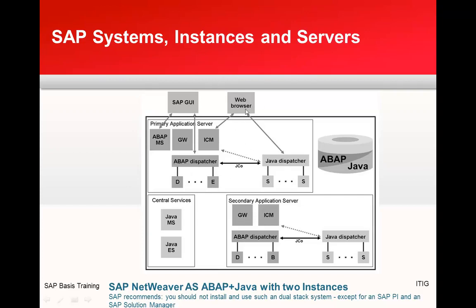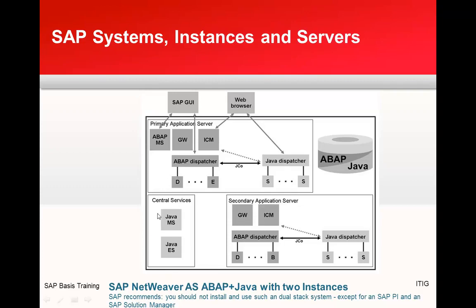On the Java side, using the web browser, you connect to the Java dispatcher, which in turn distributes it to the server processes. Between the ABAP dispatcher and the Java dispatcher, the connectivity is through JCo, the Java connectors.